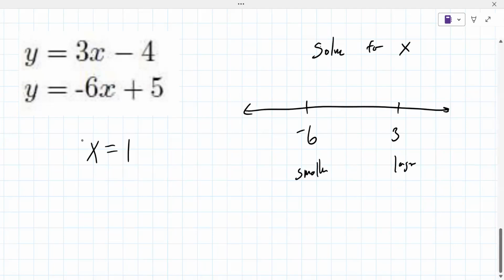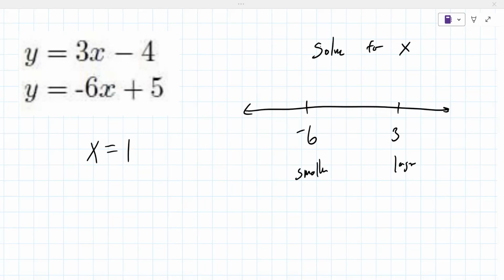So now what you do is you put that variable back into one equation or the other. Does it matter which one? Because they both have to be equal, right?